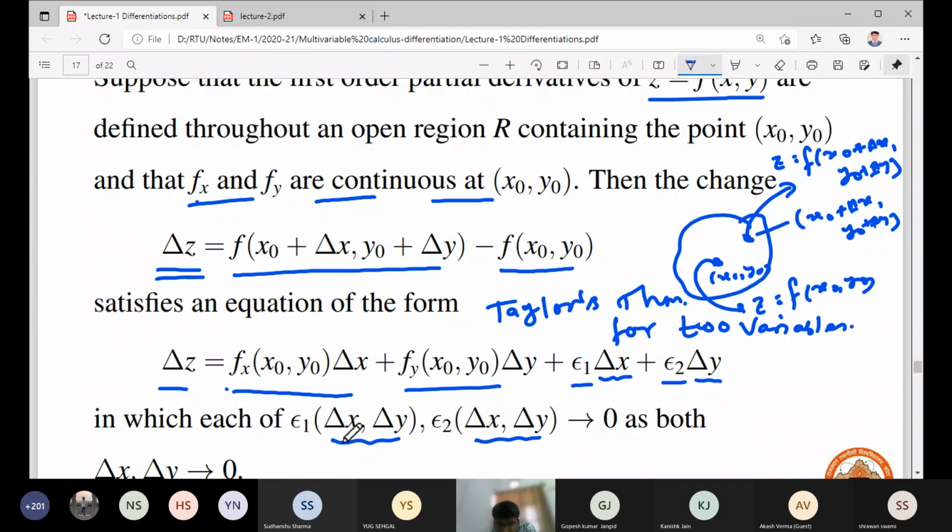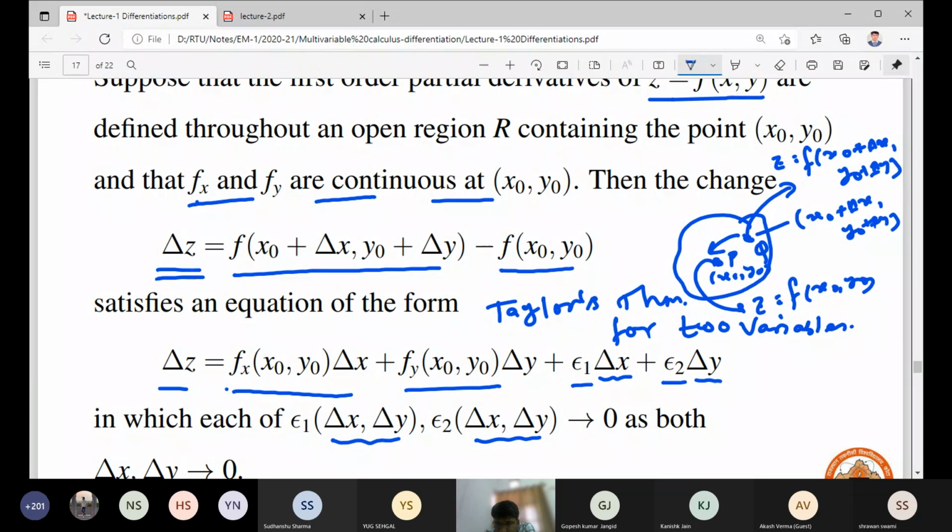Now these epsilon 1 and epsilon 2 approach 0 as delta x and delta y approach 0. You can see from here, if delta x and delta y approach 0, it means this point Q approaches point P, right?